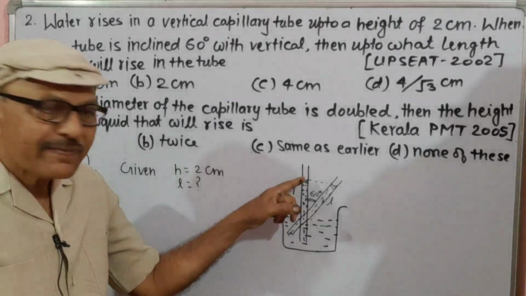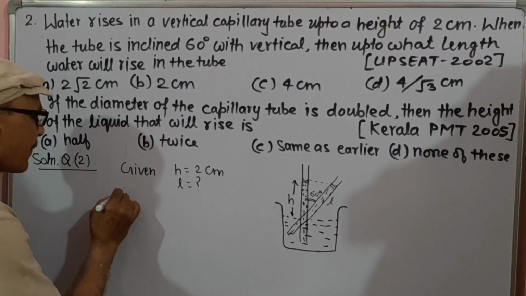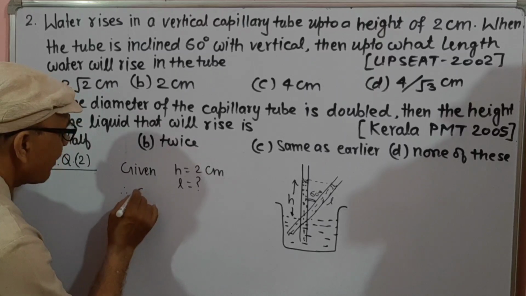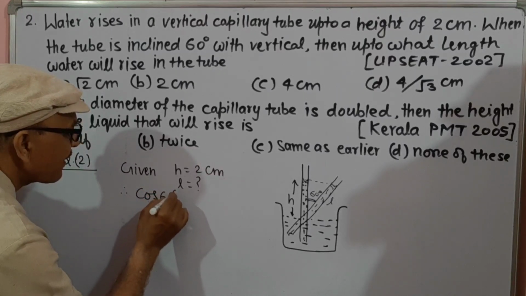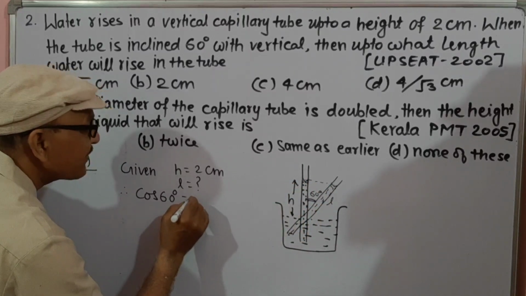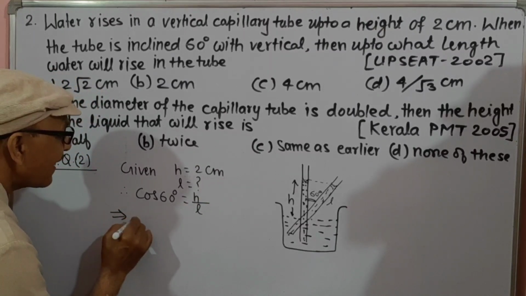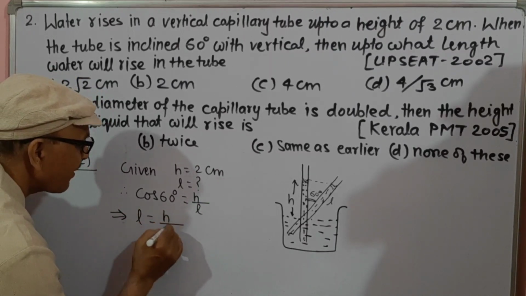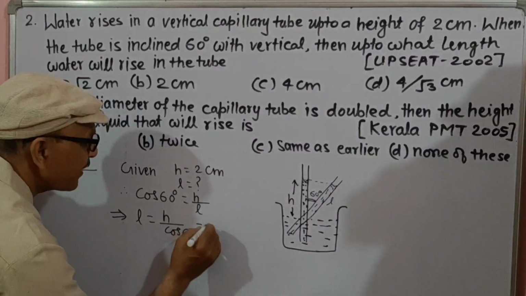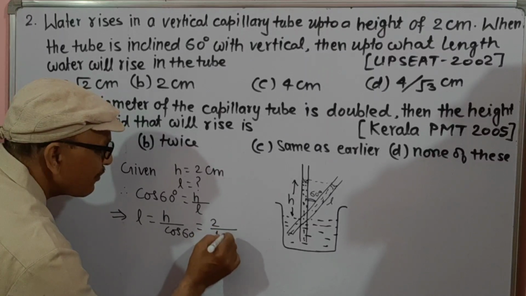Angle of inclination of capillary tube with vertical is 60 degree. Therefore, cos 60 will be equal to base upon hypotenuse, means h upon L, which gives L as h upon cos 60. h is 2 centimeter, so it is 2 upon cos 60, means 1 by 2.